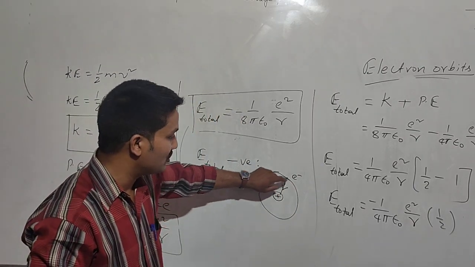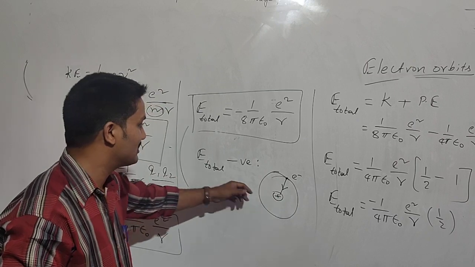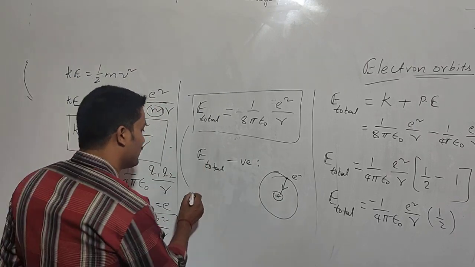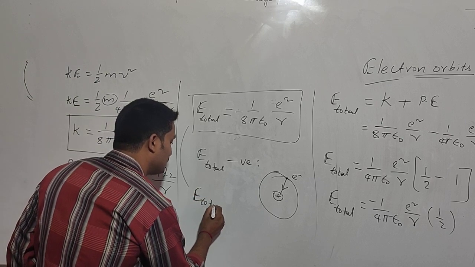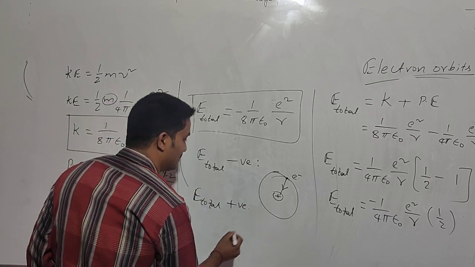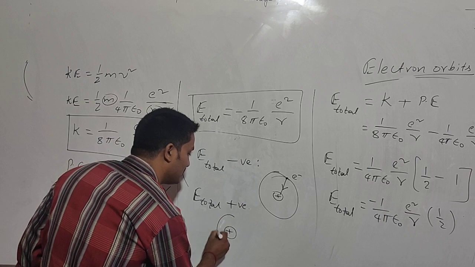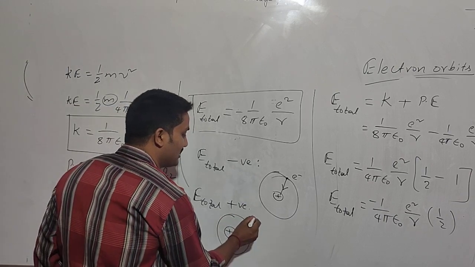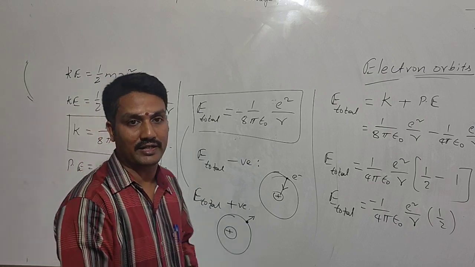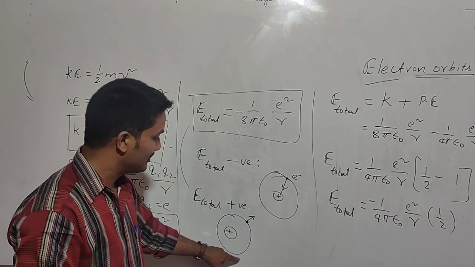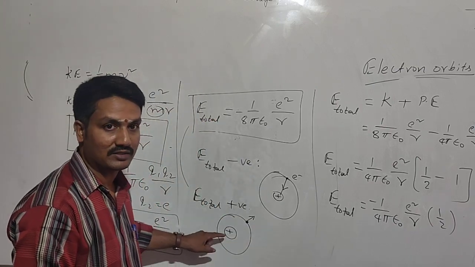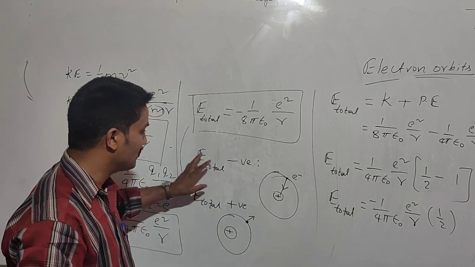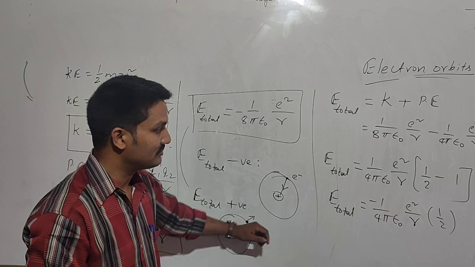It is always attracted towards the nucleus, which is why it is given as negative. If the total energy is positive, it indicates that the electron around the nucleus is not circulating in a circular path, that means in the orbit. So that is what the negative or positive sign indicates.